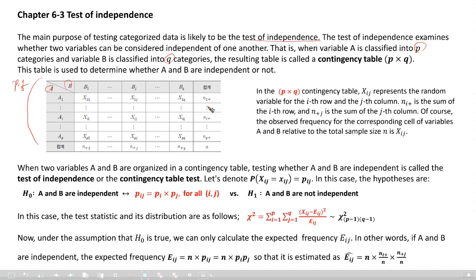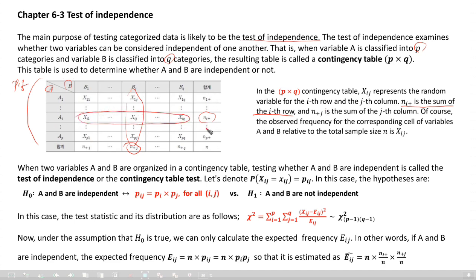And what is this? This is the sum of n. Here n_i+ is the sum of the ith row, and n_+j, where we have two subscripts, is the sum of the jth column.